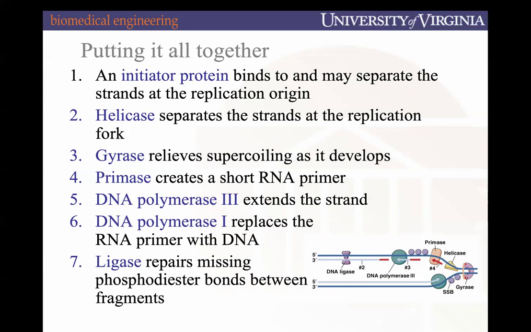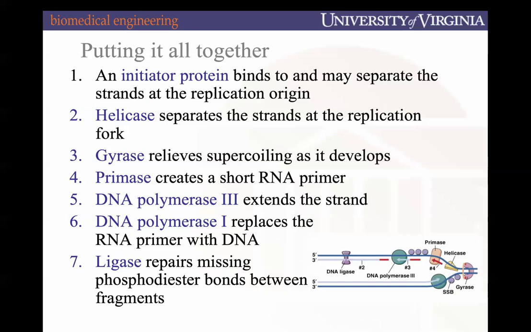In prokaryotes, there's usually a single one, that consensus sequence. In eukaryotes, there are multiple along a single chromosome. With prokaryotes, that initiator protein can actually separate. With eukaryotes, it can't. So we need our helicases. Our helicases are professionally tasked with separating or melting our DNA strands at the site of the origin of replication.